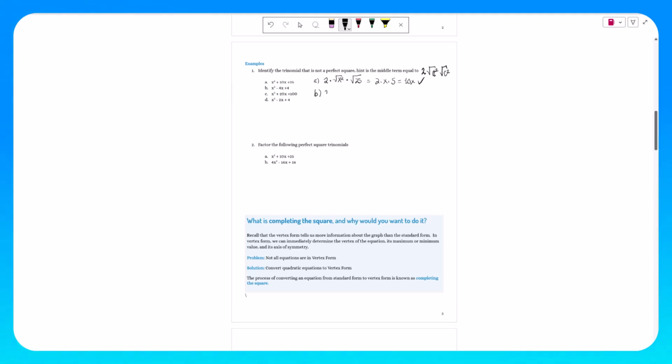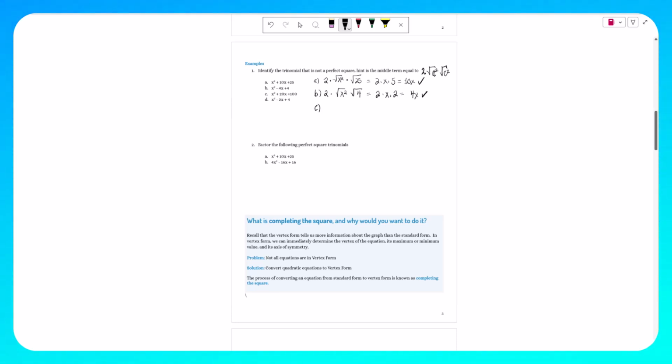So we're going to do the same thing. Take the square root of the first one times the square root of the second one, and that gives us 2 times x times 2, and that gives us 4x, which is what the middle term is. And in this case, it's good to note that we're not worried about the sign. We just want to know if the numbers work.